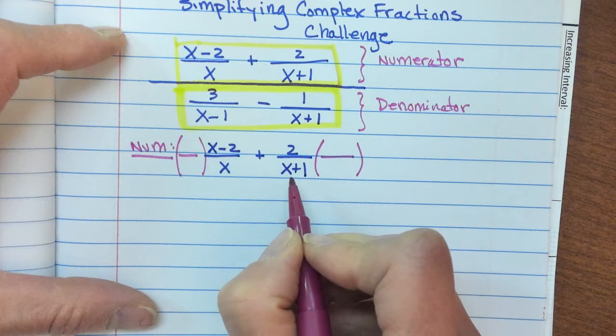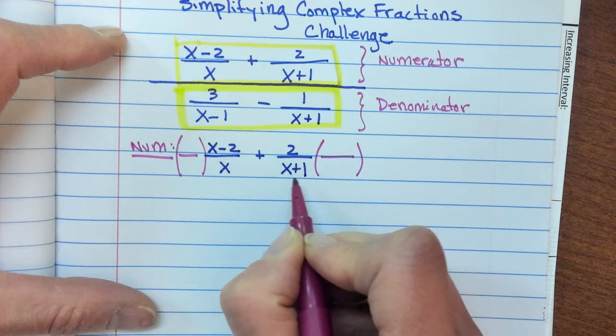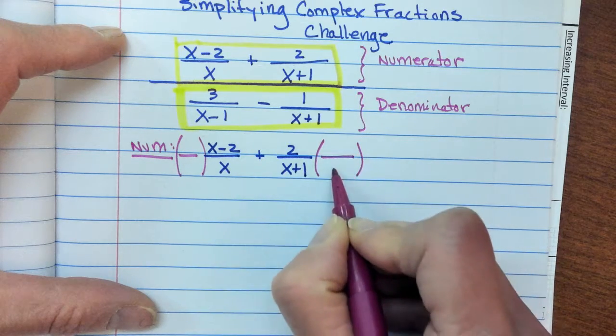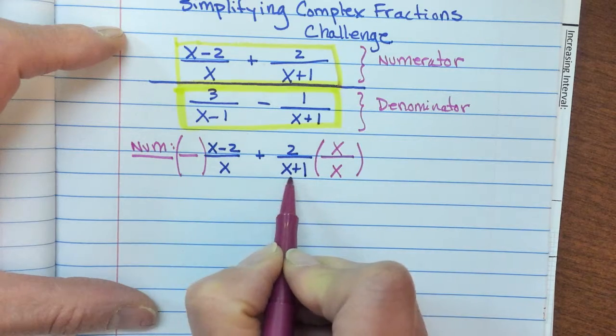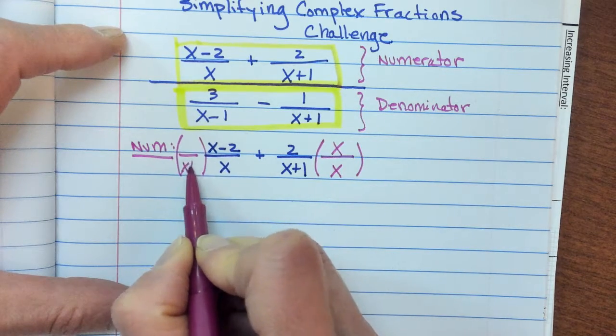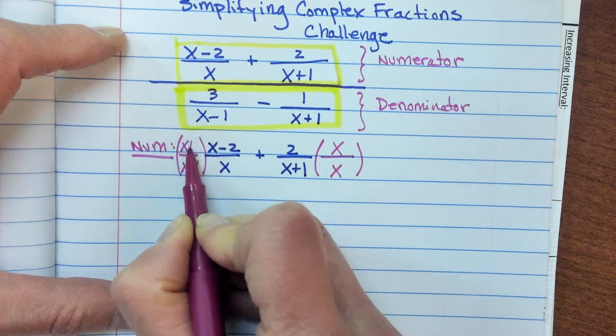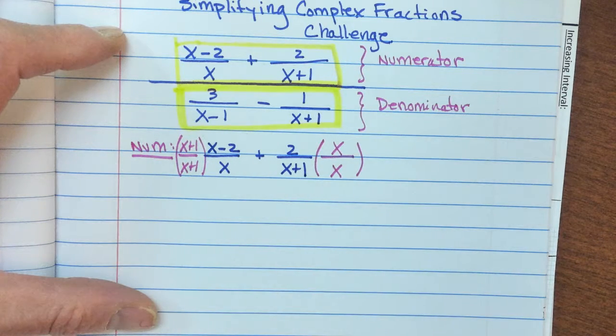So I'm going to look at the denominator. This denominator needs an x, and this denominator needs an x plus 1. Okay, so that means now I have a common denominator.